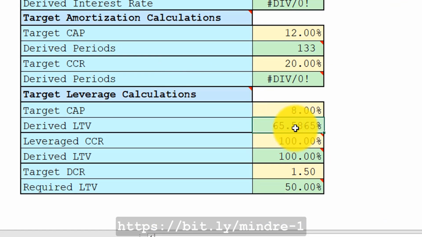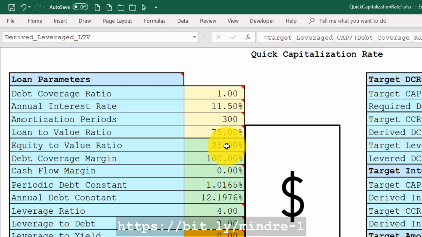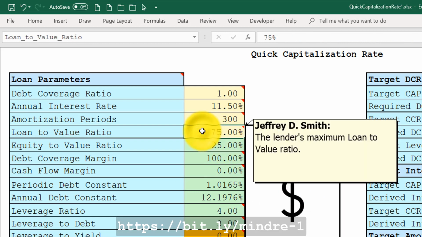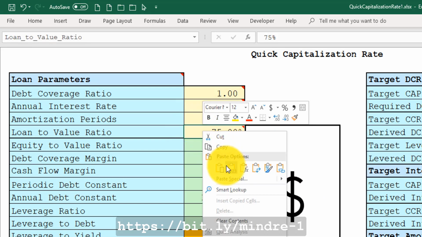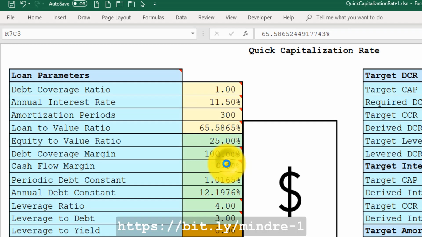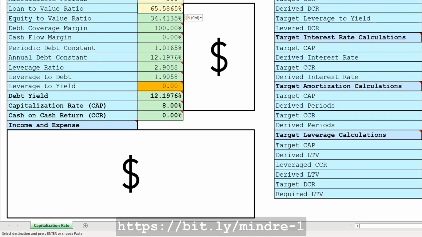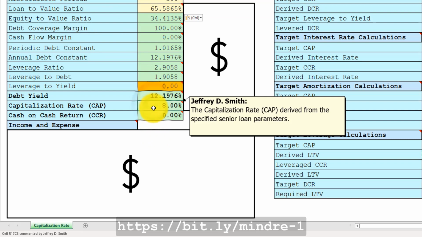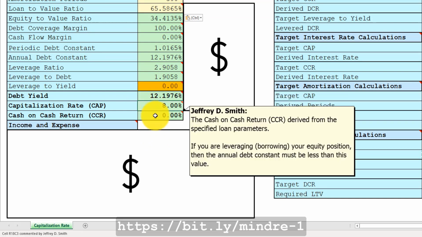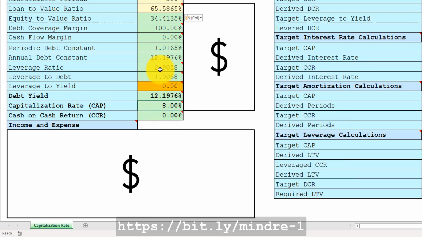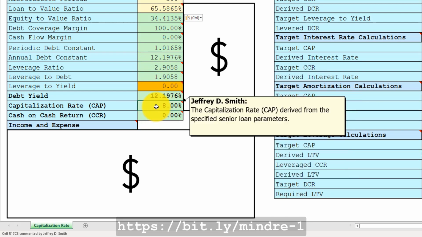So we take this derived LTV, Control C, we're going to copy this into loan to value ratio, and now we see that yes, we've calculated an 8% cap rate, but the cash-on-cash return is 0 because the entire net operating income will go to the lender.